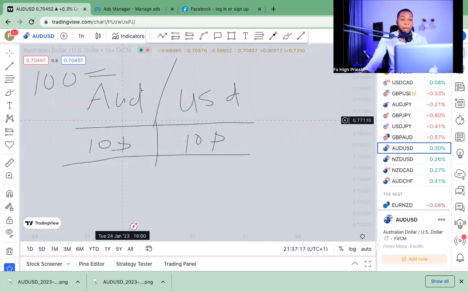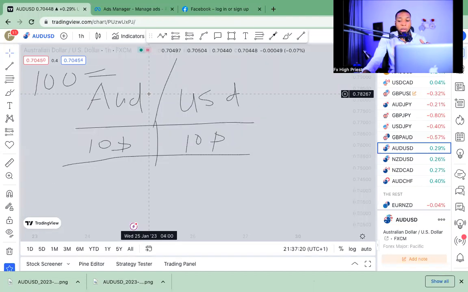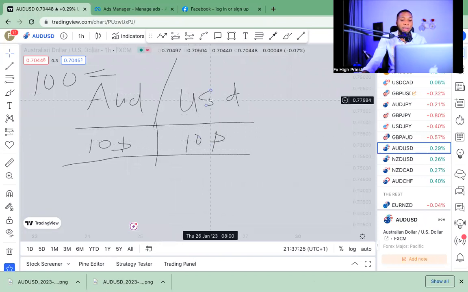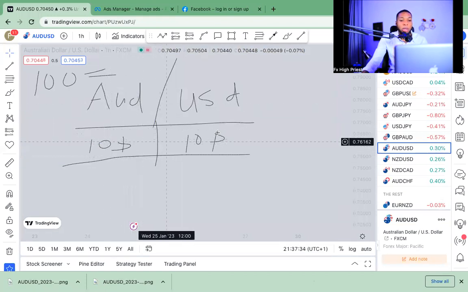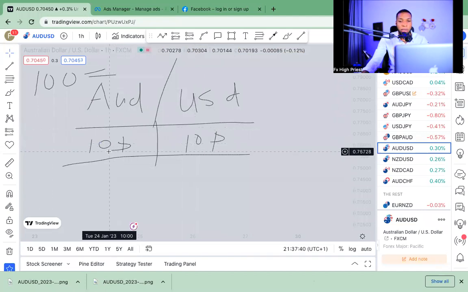Now, if you open a buy, what you have just done automatically is sold the United States dollars you had and used that money to buy Australian dollars. What I mean is you have exchanged the United States dollars you had for Australian dollars because after your analysis, you found out that the Australian dollars is going to appreciate in a short time.